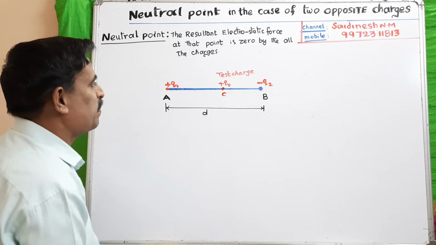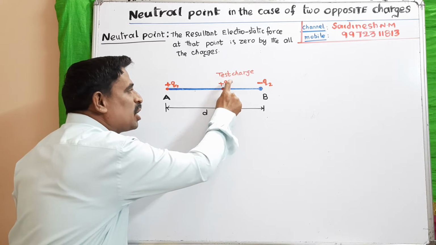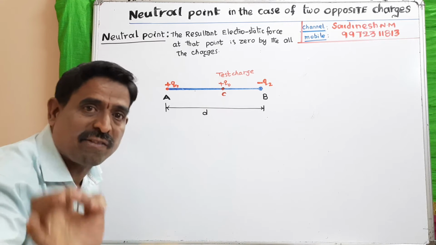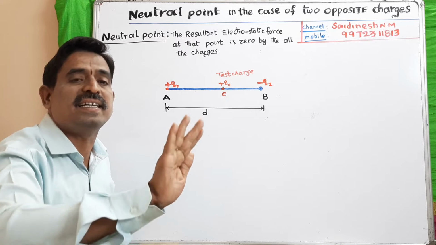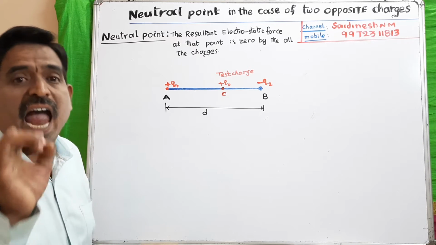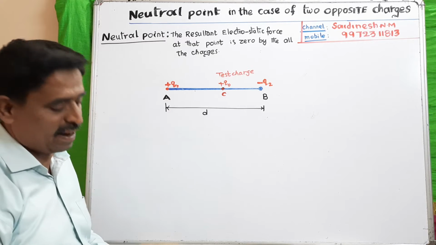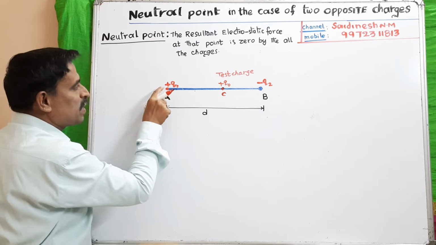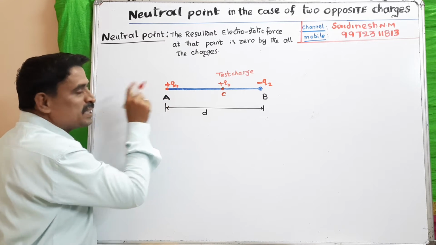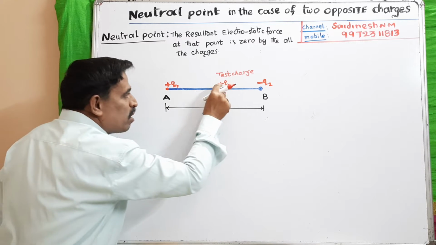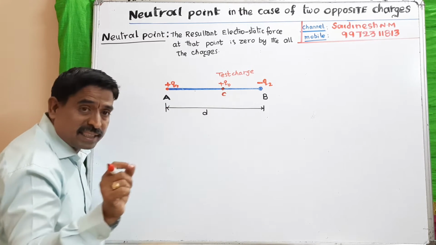Test charge means the magnitude of charge is very, very small. It does not affect the existing electric field. Now, this Q1 charge is positive. Q naught test charge is positive.